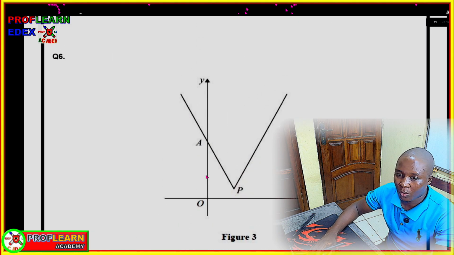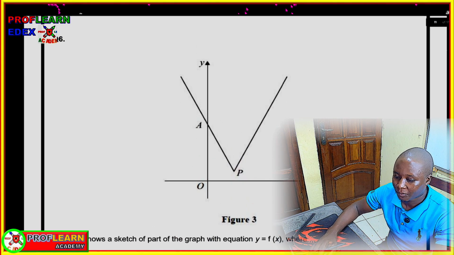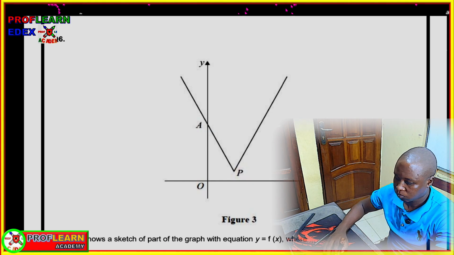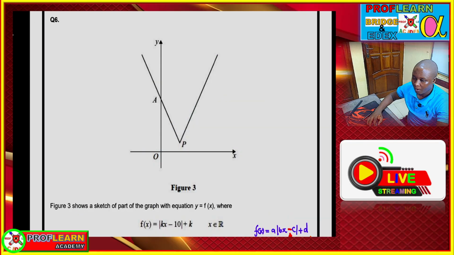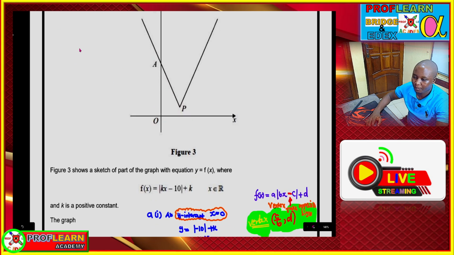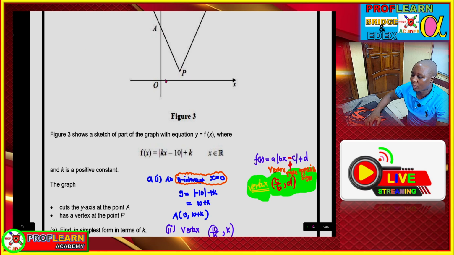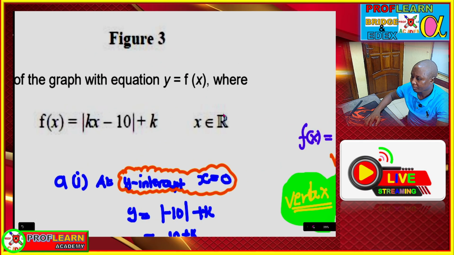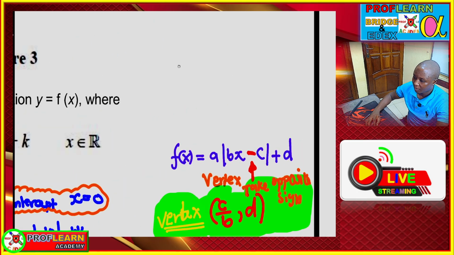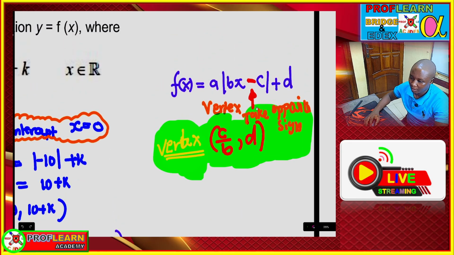Let's look at modulus functions also. So in questions to do with modulus functions, a few things that you really ought to remember is how to find the vertex.